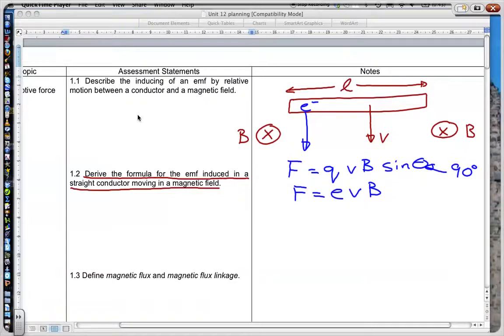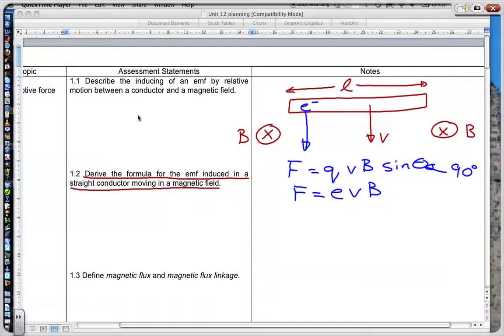Now, this force will actually set up an electric field. It will actually cause the electrons to move. So if we use our right-hand rule, we can see that because it is going downwards, we will have our thumb in the direction of the current, which will be in the opposite direction.